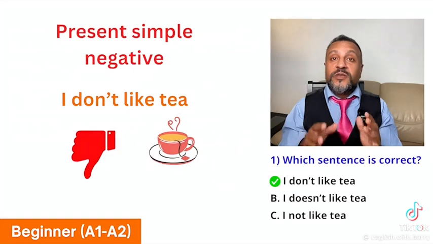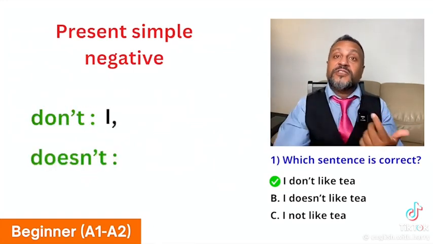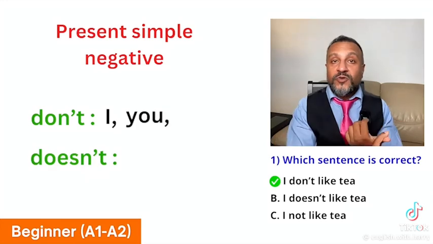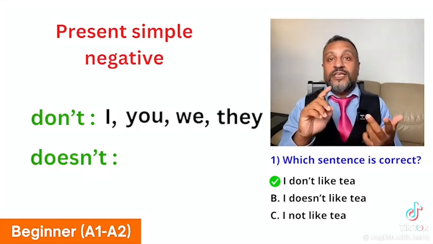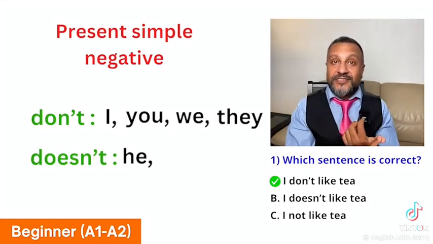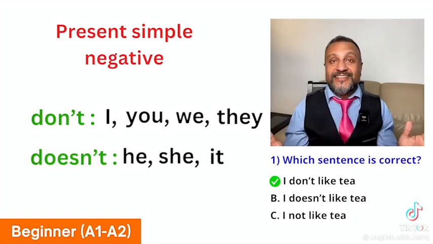Here we use the present simple but negative. So we have don't and doesn't. For don't we can say you don't, we don't, they don't. For doesn't we can say he doesn't, she doesn't, or it doesn't.